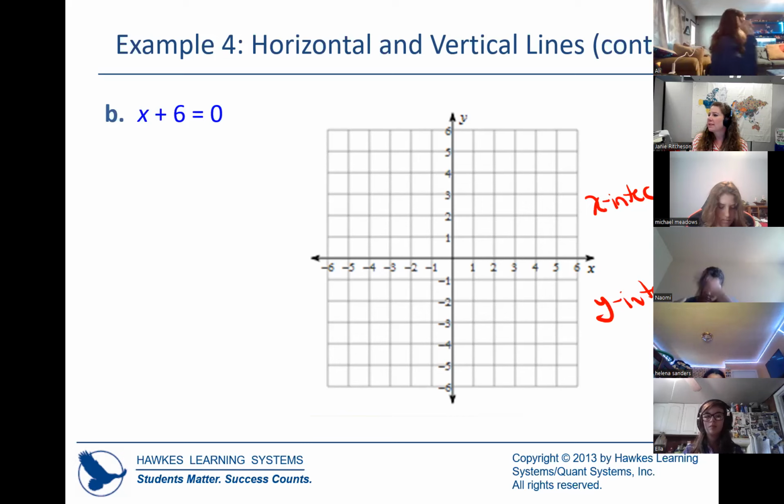Good. So you guys give me your x-intercept in an ordered pair. Good, Ella. Allie, try it one more time. You got to subtract 6 from both sides. Okay.